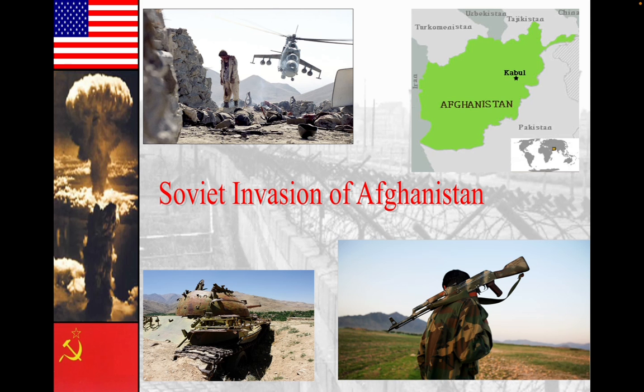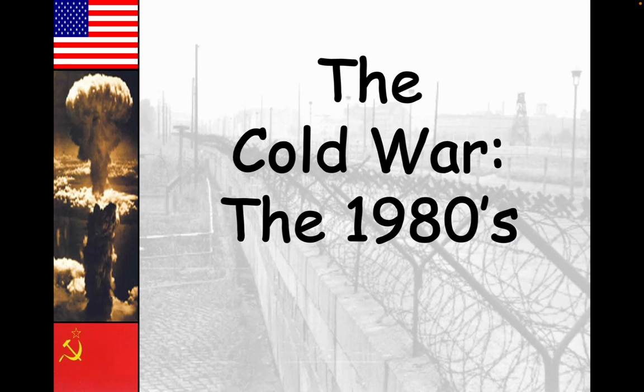And in the 70s, we do begin to see a détente, a peaceful coexistence. But we also see the continuation of proxy wars, this time in Africa and in Asia. This leads us to the 80s.